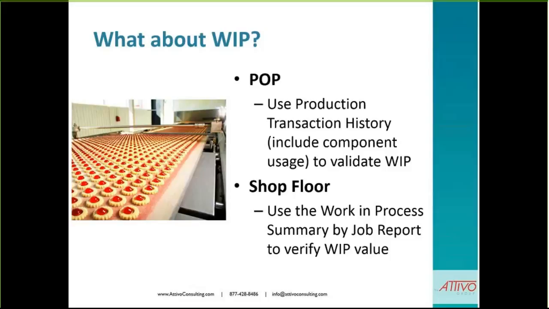Next we have our shop floor. You want to use a work in process summary by job report to verify the WIP value. Notice we're verifying the value. It's a little bit harder of a push, but I can count the stuff if we consider it an inventoriable WIP item, but we don't count it as an inventory item.